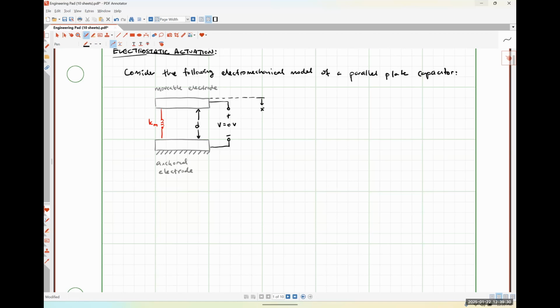So if I were to apply some voltage across these capacitor electrodes, we would expect to see a Coulombic attraction between the charged electrodes. So I'm going to attempt to draw that situation. I'll put it over here on the right-hand side. So once again, we've got our anchored electrode.